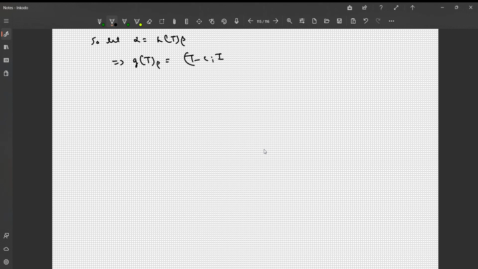So let alpha be equal to H of T of beta.